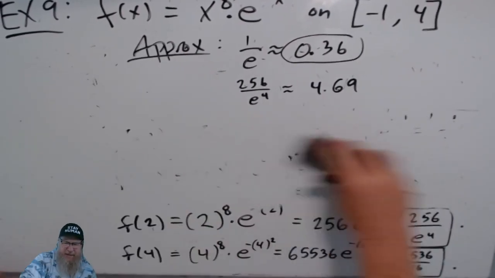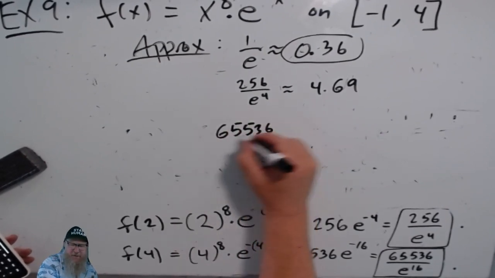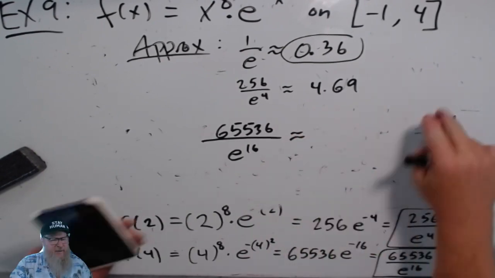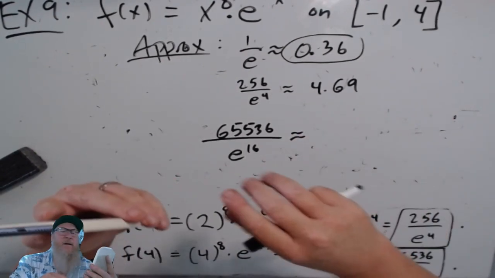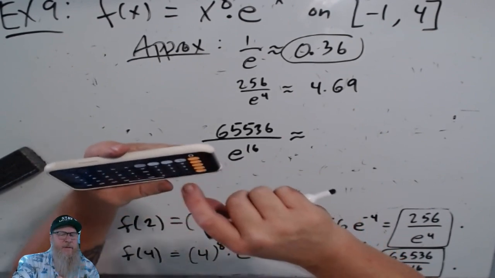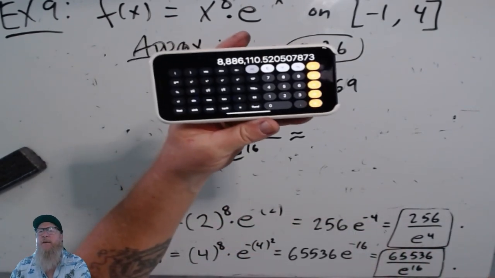And then my last candidate here, 65,536 over e to the 16. Let's see if you're bigger than that. So 16th power of e, whew, that's a big number.